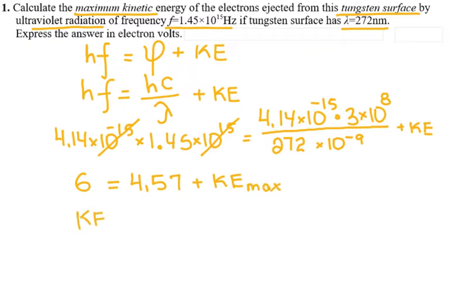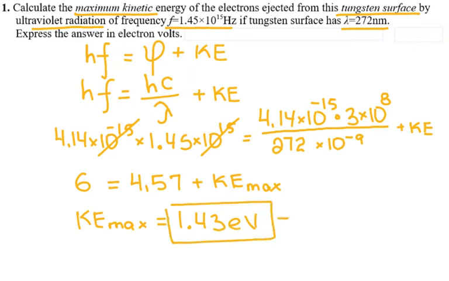So the maximum kinetic energy of the electrons ejected from tungsten will be equal to 1.43 electron volts. If they ask you to convert electron volts into joules, you plug in the electron charge, so you would have 1.43 times 1.6 times 10 to the negative 19, and that will be in joules.